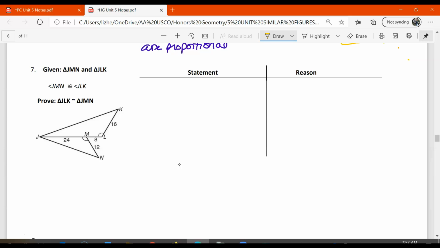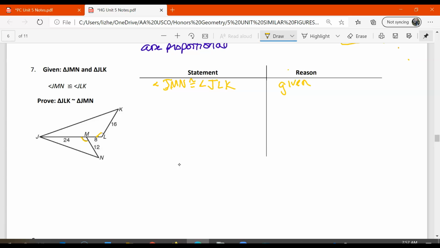So we have a small triangle and a large triangle. We are told that angle JMN is congruent with angle JLK, and it's already marked. Those are congruent. So we're going to do our proof. We start with our given. We have angle JMN is congruent to angle JLK, given.